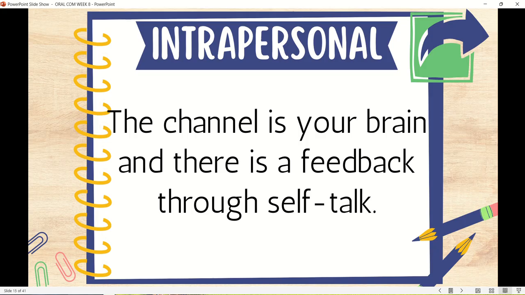So why is the brain the channel in intrapersonal communication? It's because you don't necessarily need your mouth or your voice to talk to yourself. And then when it comes to the feedback, it goes just back and forth to yourself, since intrapersonal communication also means self-talk.